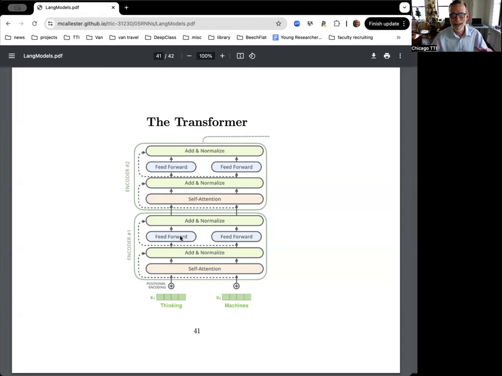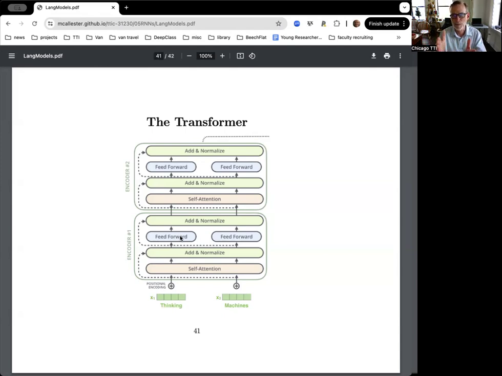So the encoder and the decoder are both transformers. But if you want to compute a probability, you have to be auto-regressive. In order to train these things based on next word prediction, you can't be looking into the future when you predict the next word.